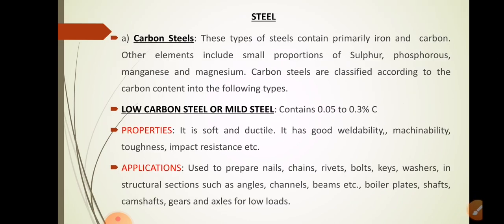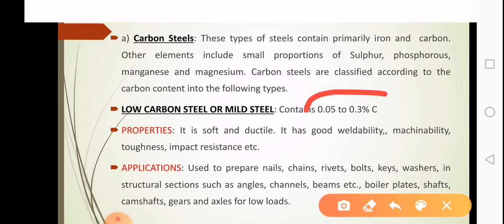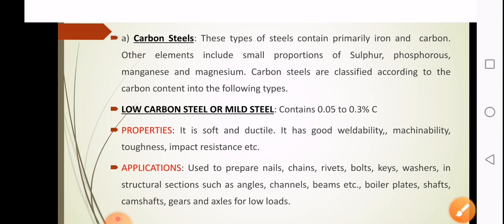They include a very small proportion of sulfur, phosphorus, manganese, magnesium, and in low carbon steel you can see that the content of carbon is very low. It is 0.05% to 0.3%, which is extremely less. The properties are that it is soft and ductile. It has good weldability.